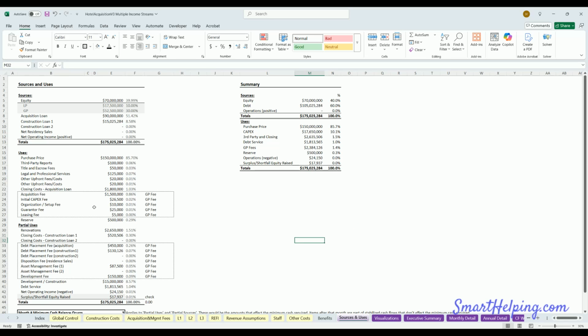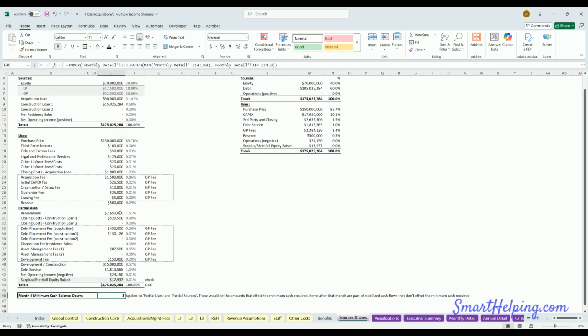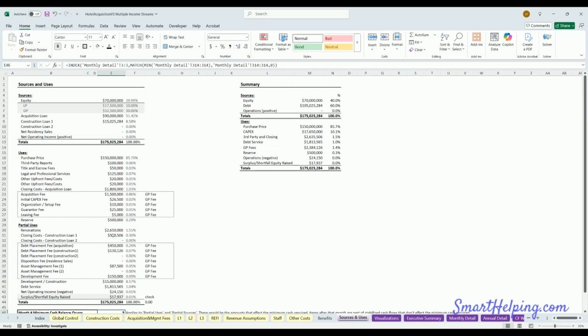So I actually automated all of the different costs that can happen possibly in other months besides month one, so that it automatically figures out the month that the minimum cash happens, and then it will calculate what in that period is driving equity requirements.